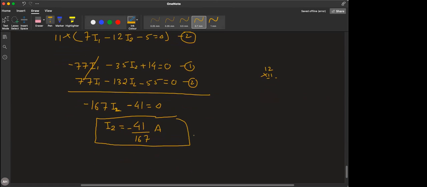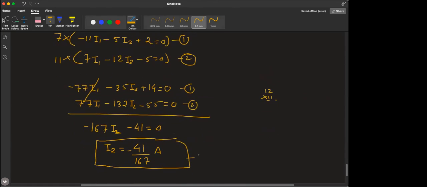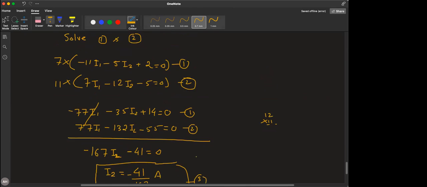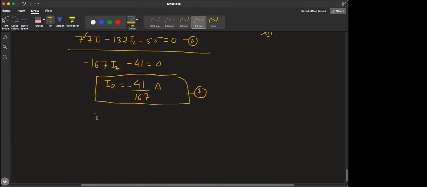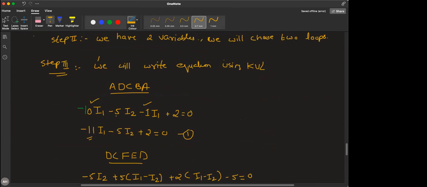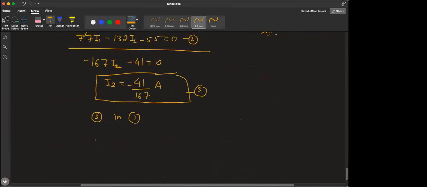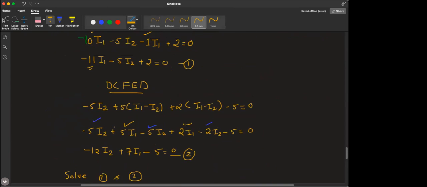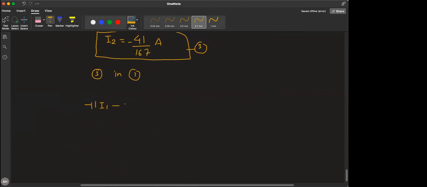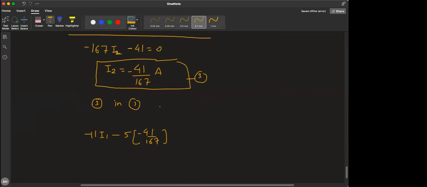Let's call this equation number 3. We can substitute this 3 into any one of the equations. Let's substitute this in this one. So when we substitute 3 in 1, what we get is minus 11I1 minus 5I2. I2 is minus 41 by 167.